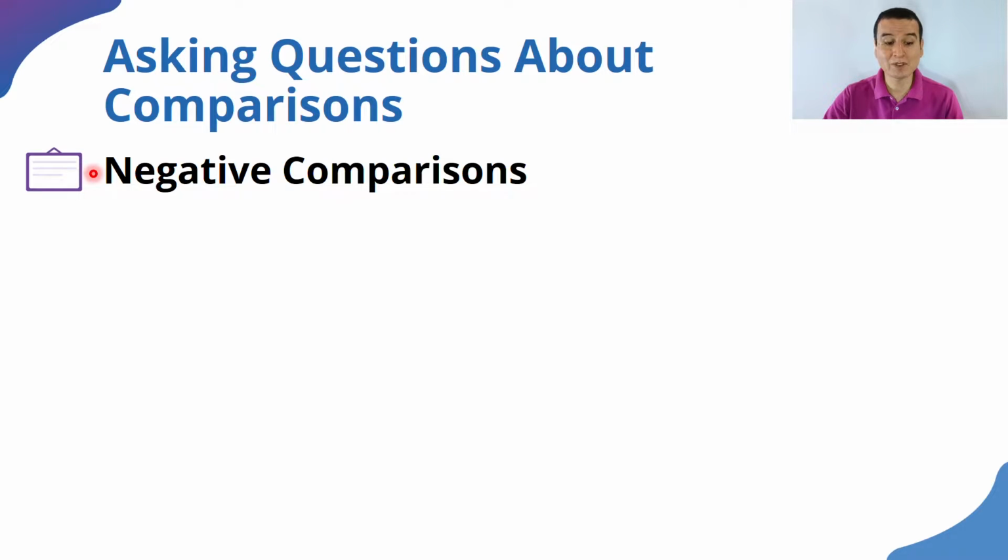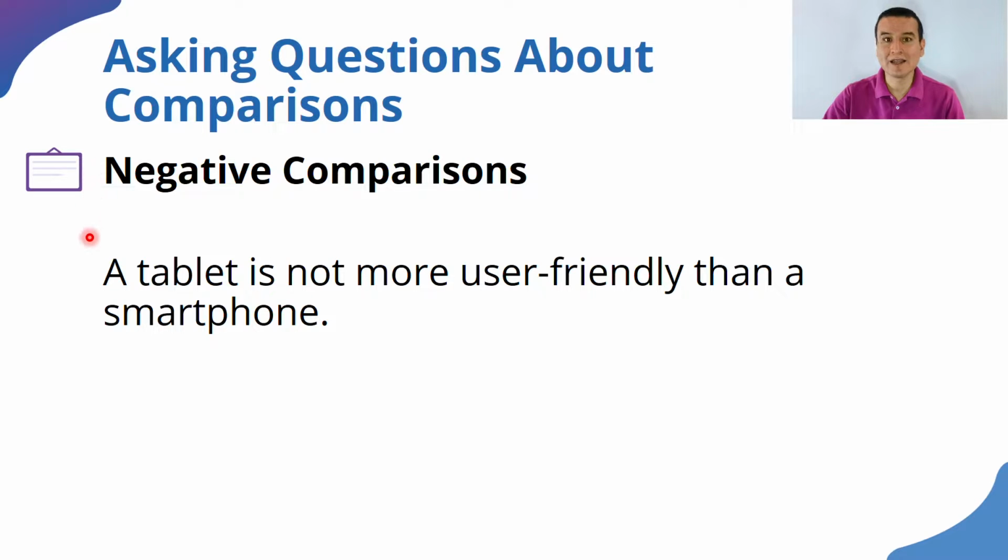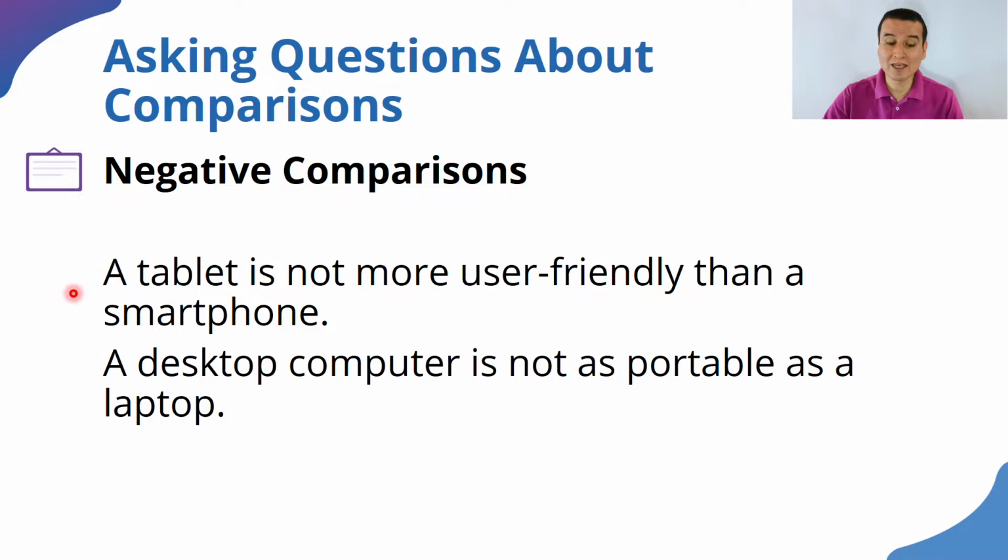Here I have some examples. It says, a tablet is not more user-friendly than a smartphone. Just a negation there. Or we could say, a desktop computer is not as portable as a laptop. So when you have a negation involved, for the purpose of this lesson, we have included this title, negative comparisons.